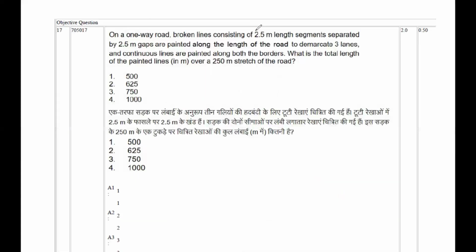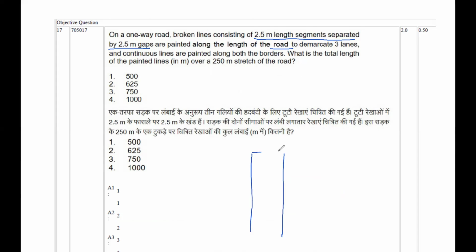On a one-way road, broken lines consisting of 2.5 meter length segments separated by 2.5 meter gaps are painted along the length of the road to demarcate 3 lanes, and continuous lines are painted along both the borders. What is the total length of the painted lines in meters over a 250-meter stretch of the road? So first let's draw the road.